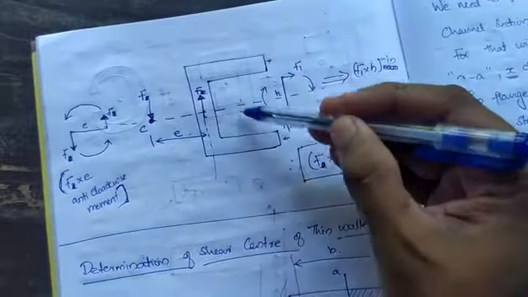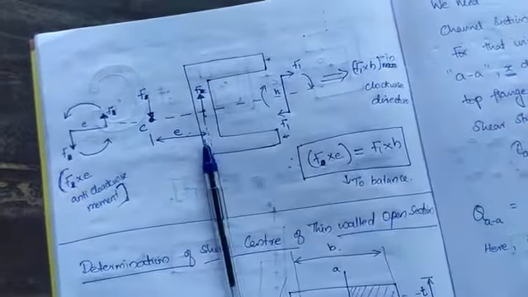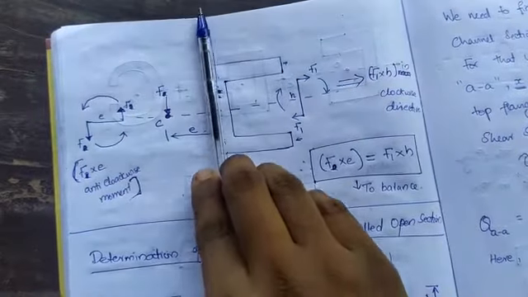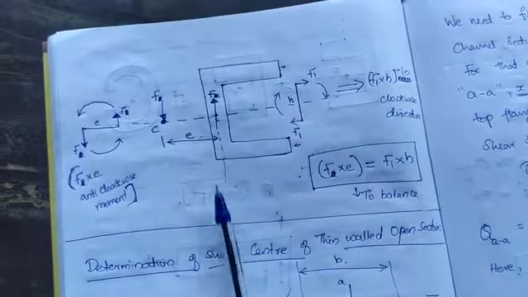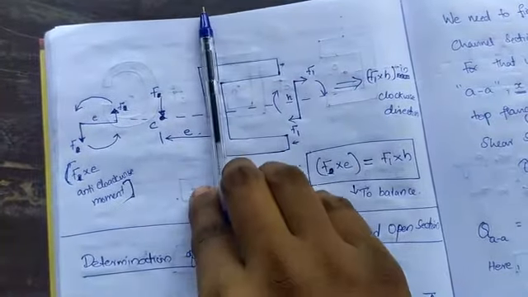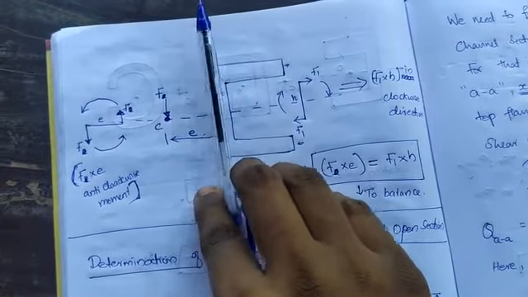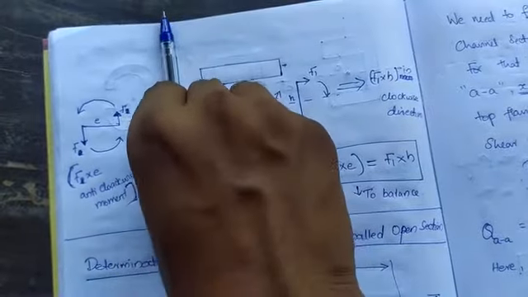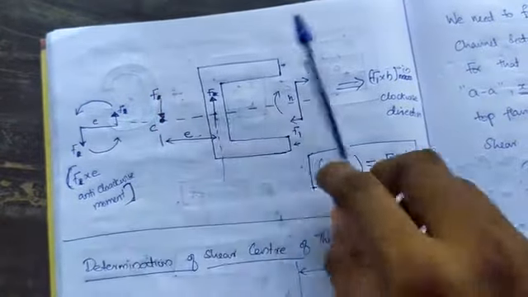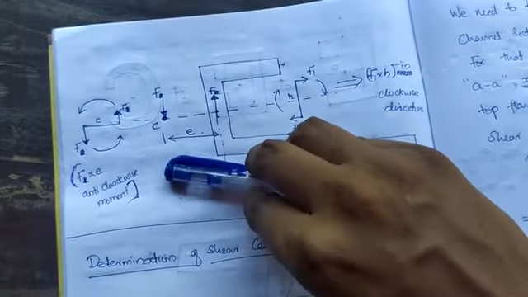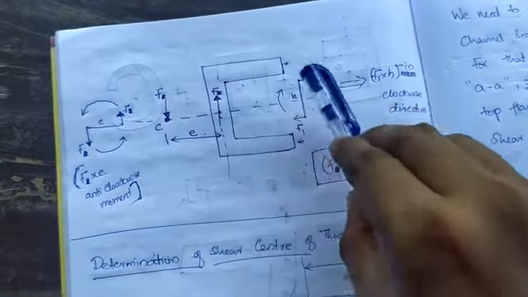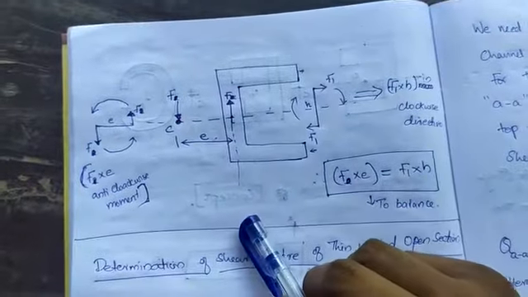So in order to cancel this, you need to create an equal and opposite moment. Here it is clockwise, so you need an anti-clockwise moment such that the total system remains in equilibrium.